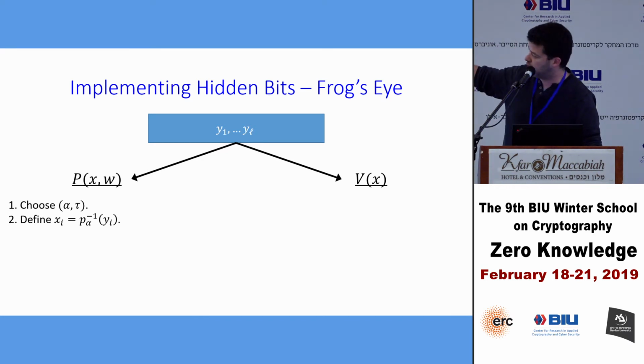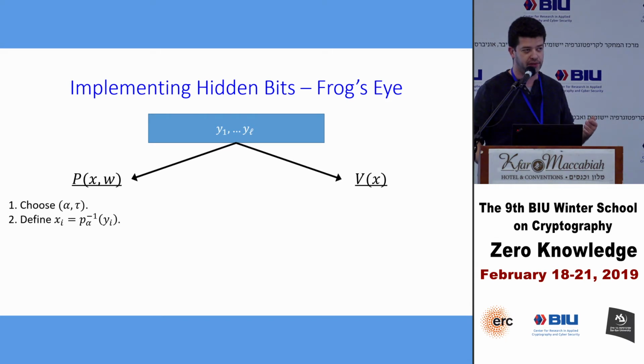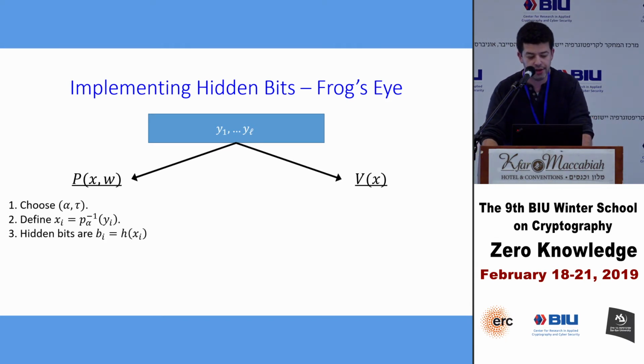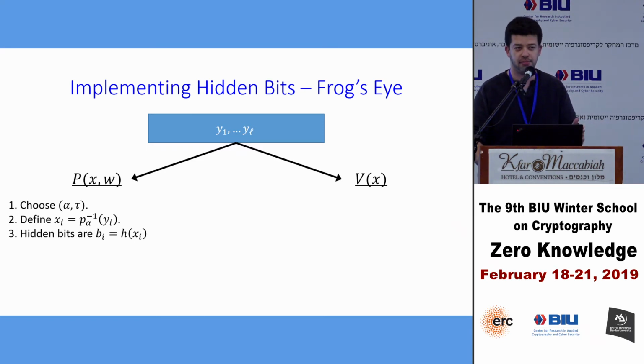So he looks at all of these yi's up in the sky and takes their inverse under p sub alpha. Now we define the hidden bits, this time correctly, as h applied to these xi's. So the ith hidden bit is simply h applied to xi.